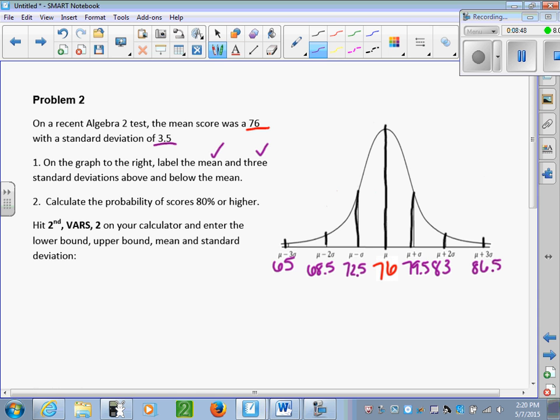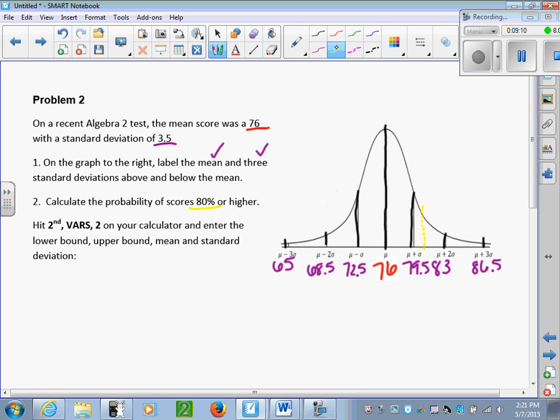All right, now I want to calculate the probability of scores 80% or higher. Before I do this, let's just shade in what is 80% or higher. Well, 80% is not an exact standard deviation. It's not exactly 1 or 2 standard deviations above. 80% would fall somewhere between 79.5 and 83, so somewhere right in here, right?